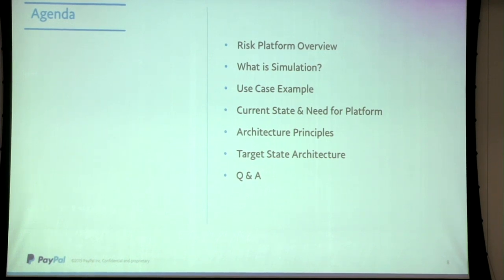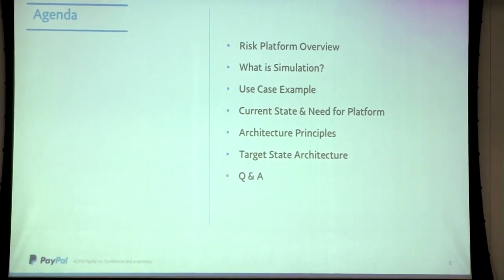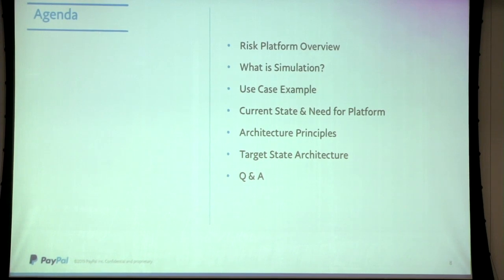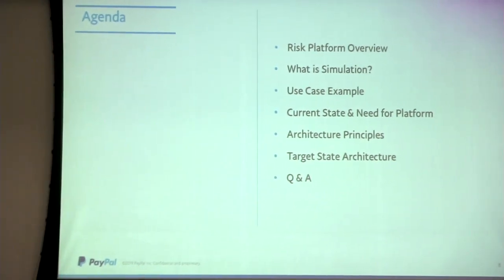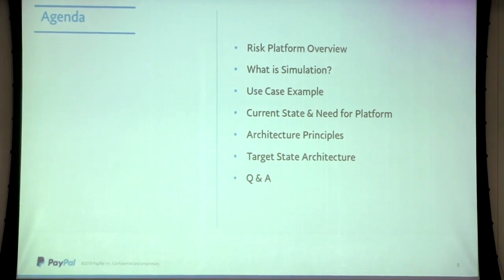Once you have a good idea of what that system is, then I'll go into describing what simulation is and how simulation helps and accelerates that. And then the best way to describe it is with a use case. So I pick one of our simple yet still complicated under the hood use cases to explain what simulation is.